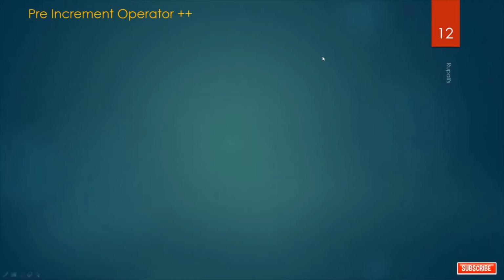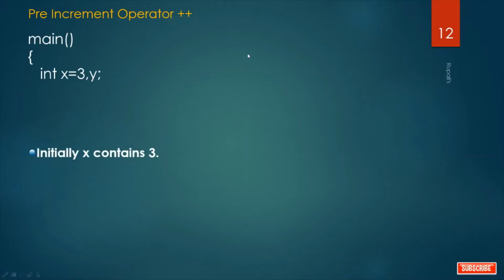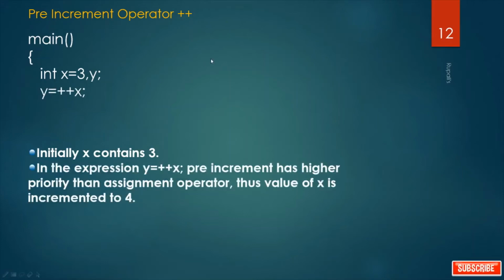Pre-increment operator plus plus. I am taking the same example, two integer variables x and y, and initially x contains 3. Now when I write y equals plus plus x, what does it mean? Because the pre-increment operator has higher priority than the assignment operator, the value of x is incremented to 4 first, then this value is assigned to y.